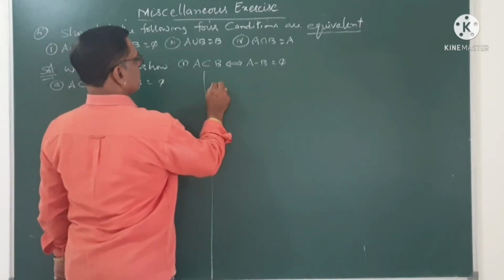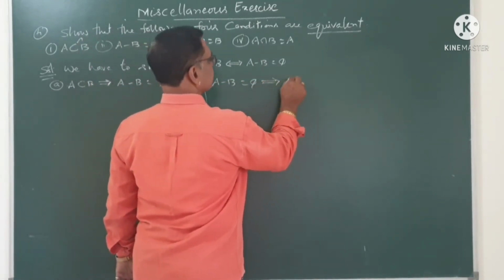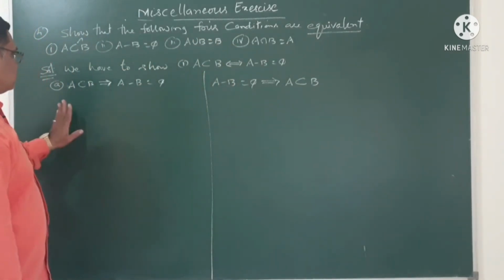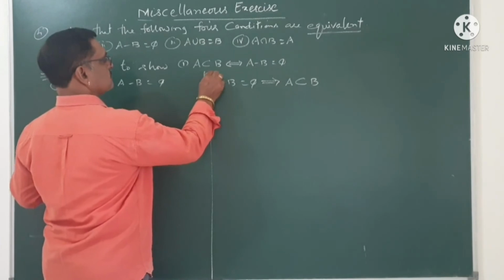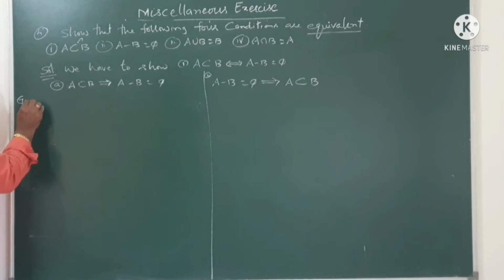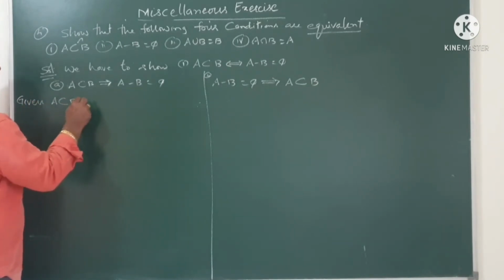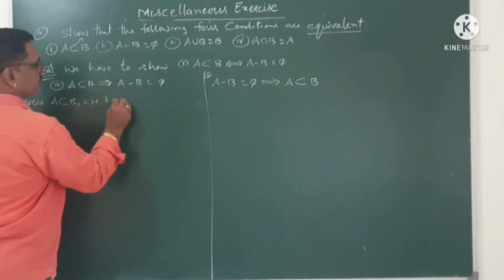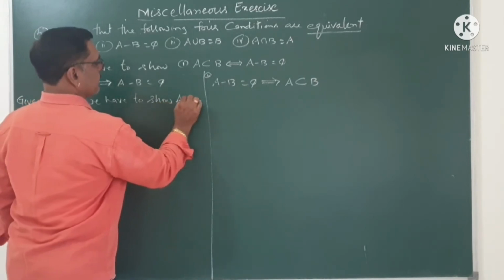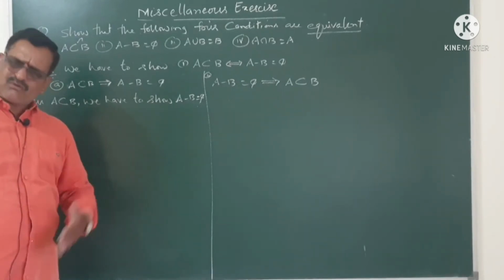Second part: A minus B is equal to phi implies A is subset of B. Two cases, first part and the second part. First part, given A is subset of B, we have to show A minus B is equal to phi. It's obvious it is, but we need to prove.